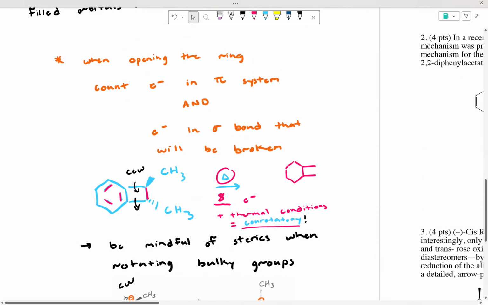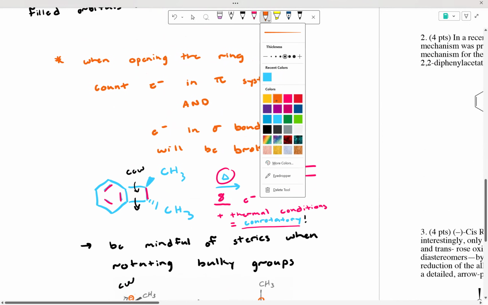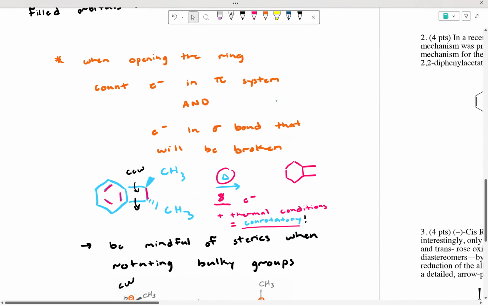For this one, we'll think about how the bonds are going to move. So then we have 8 electrons under thermal conditions. That means conrotatory. The bonds are going to spin in the same direction.